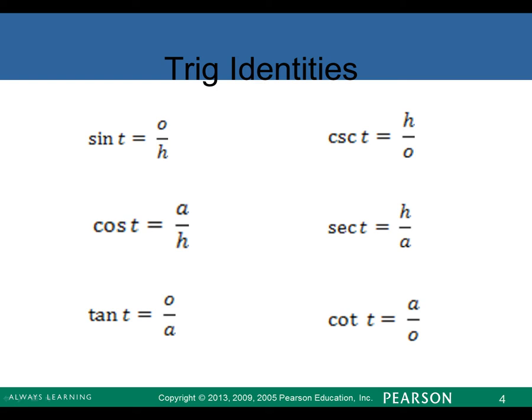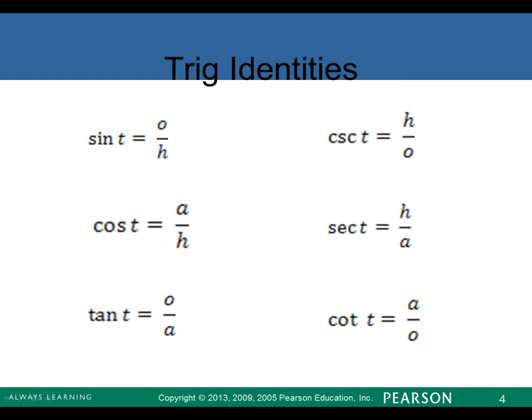So sine, again, is opposite over hypotenuse. Cosecant is the reciprocal of sine. So if sine is opposite over hypotenuse, all you're doing is flipping the 2 sides. So cosecant is hypotenuse over opposite.